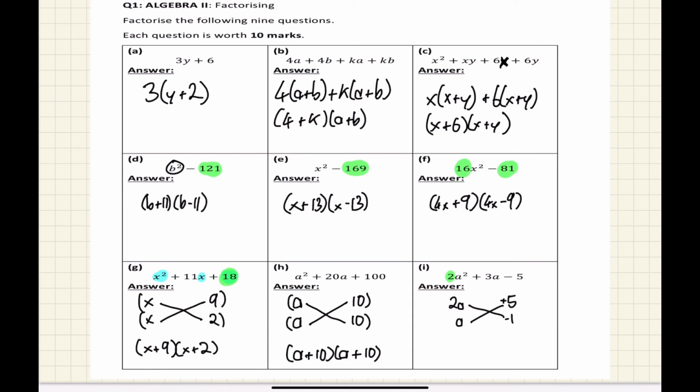The reason for that is plus 5 multiplied by minus 1 will give me minus 5. Plus 5 multiplied by a is going to give me 5a, take away 2a will give me 3a. So that's why that one works. Give them their own brackets, and I get 2a plus 5 bracket a minus 1. And that was question 1.